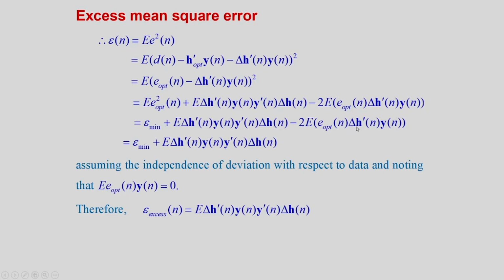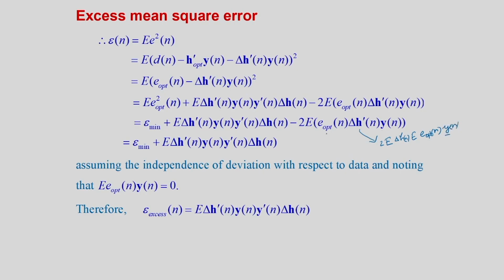this deviation, first we can write this expression is equal to twice E of delta H n transpose into E of e n into y n vector.